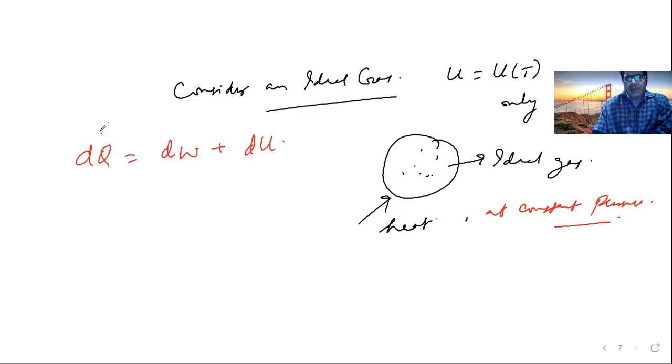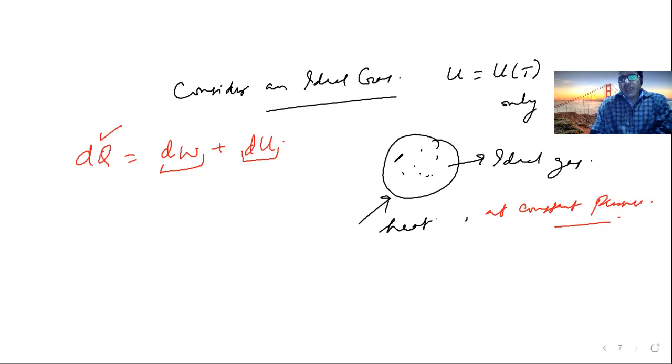Now the heat which I put into it will be partly used by the system in doing work on the surroundings, and part of it will go in increasing its internal energy. And since its internal energy is a function of temperature, the part going into the enhancement of internal energy will lead to an increase in temperature.